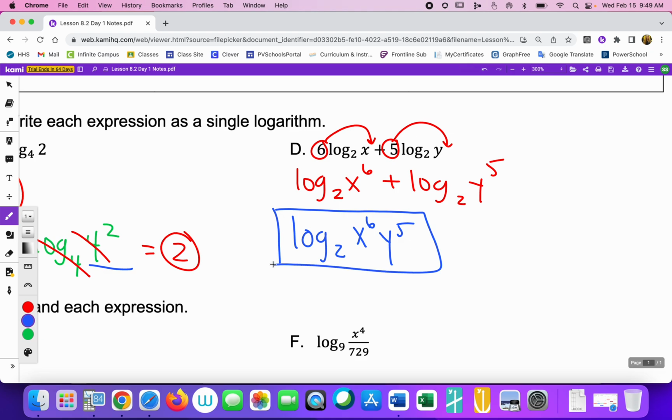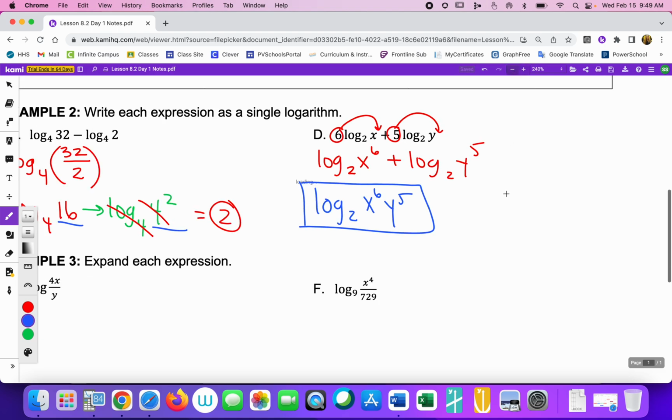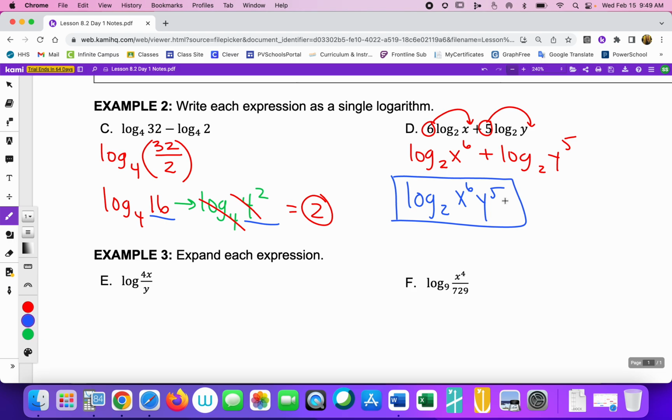So that was both the power property and then the product property in the same problem. Those are just two examples of condensing. Sometimes it's just put them together and you're done. But sometimes you're going to have multiple properties. Questions? If you're confused, you have to tell me.